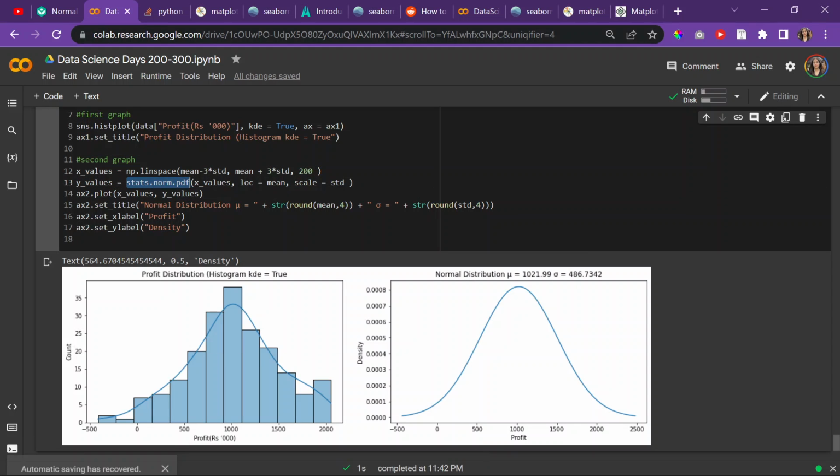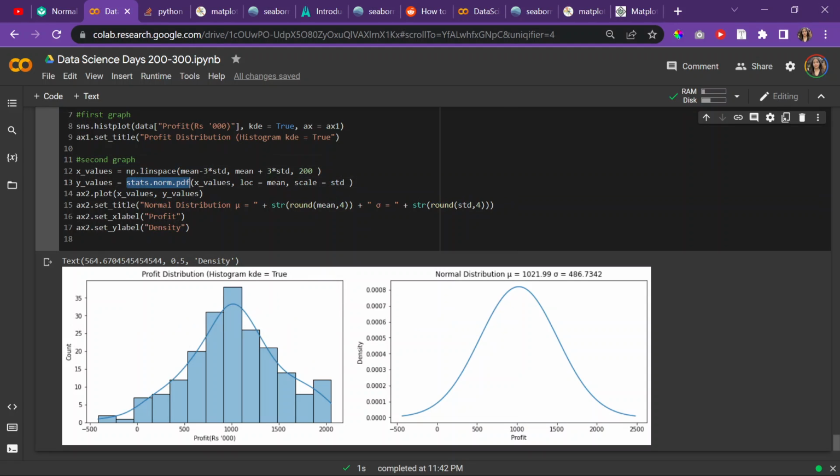Okay, y values. We use stats.norm.pdf, which is the same thing. Well, it's fairly the same. It's the same idea as normalpdf in your calculator, your TI-83 and TI-84, just like stats.norm.cdf is the same idea as normalcdf in your calculator.